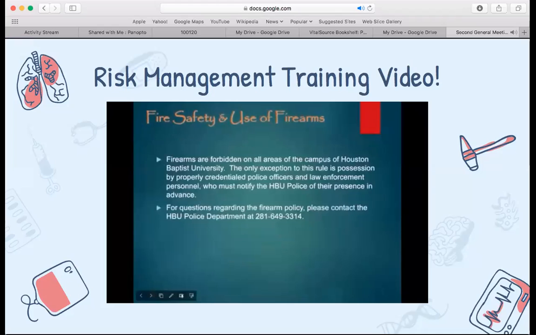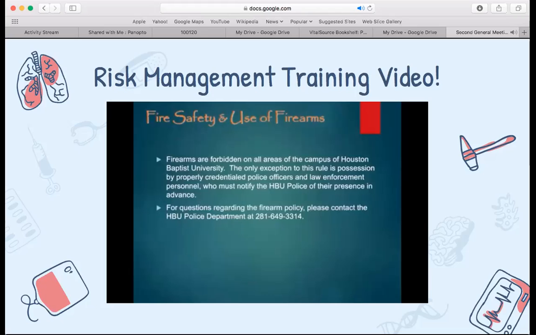Firearms are forbidden on all areas of campus of HBU. The only exception is properly credentialed police officers and law enforcement personnel, who must notify HBU police of their presence in advance. If you have a weapon on campus, whether you're keeping it in your dorm or in your car as a resident, you can check it in to our police department and they will hold it for you.